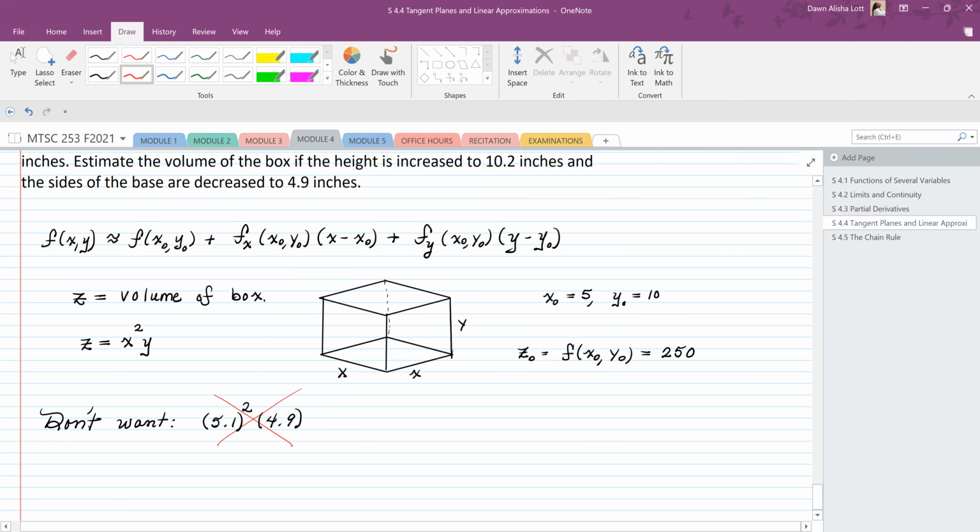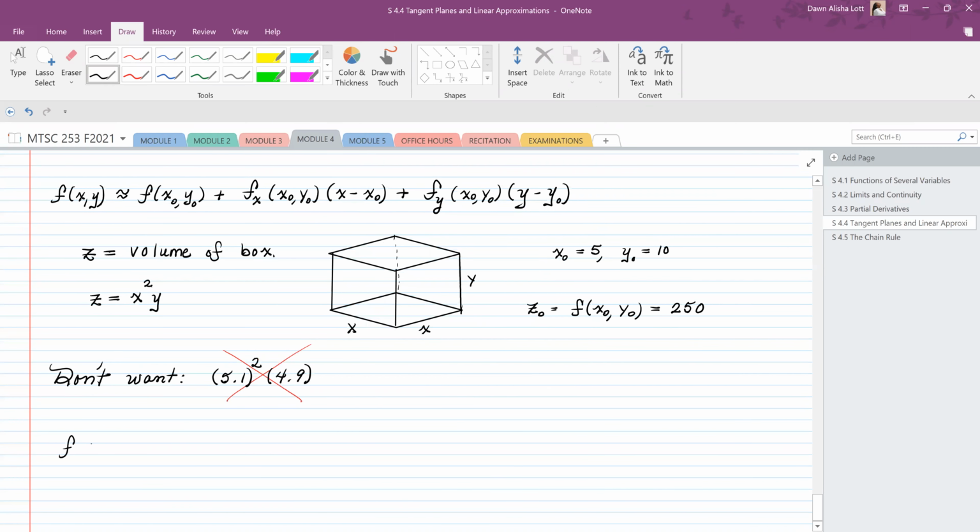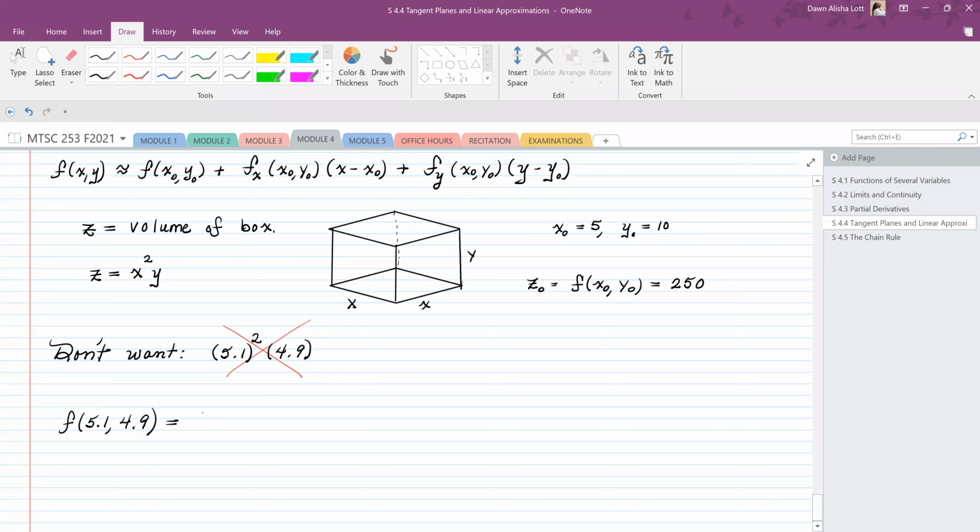They want me to estimate it. Okay, wait a minute. Something's wrong. This should be 10.2 and 4.9. So x is 4.9 and y is 10.2.